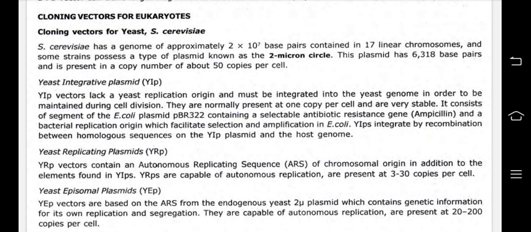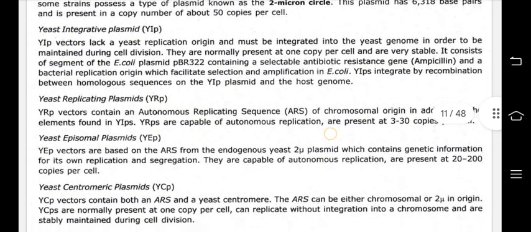YIPs integrate by recombination between homologous sequences on the YIP plasmid and the host genome.